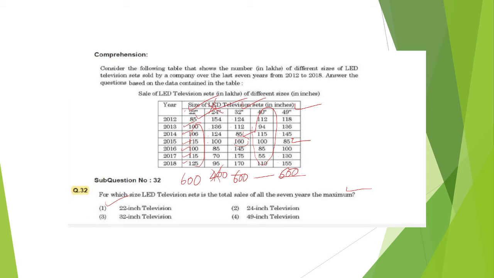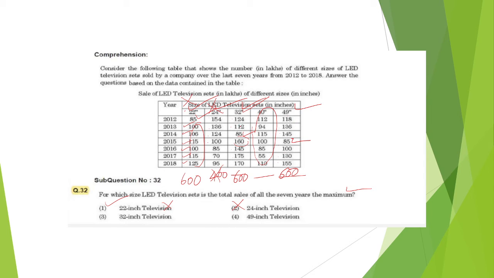By watching, we can easily say 32 inch is maximum because a lot of difference is there from the tens places. That's why we can easily eliminate 22 also. We eliminated 22, 24. Now 32 and 49. After 100, here these are the maximum: 118, 136, 45, 30, 55.